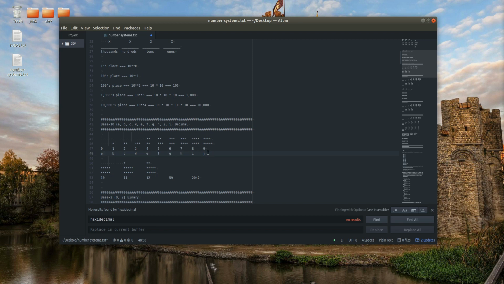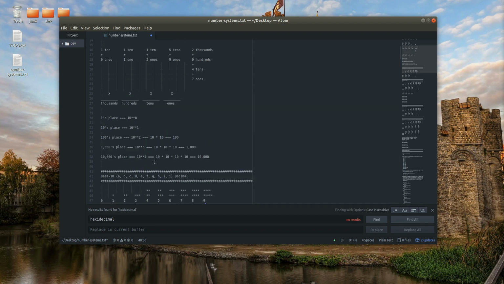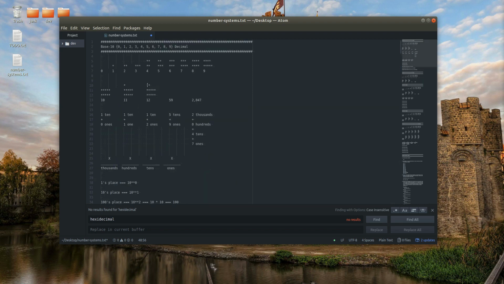And this is important because some of the number systems, like base 16, go past the 10 symbols we use for decimal. And you can use any symbol. You could use smiley faces or triangles or whatever. The point is it's a symbol that represents an idea. That idea is an amount of objects.